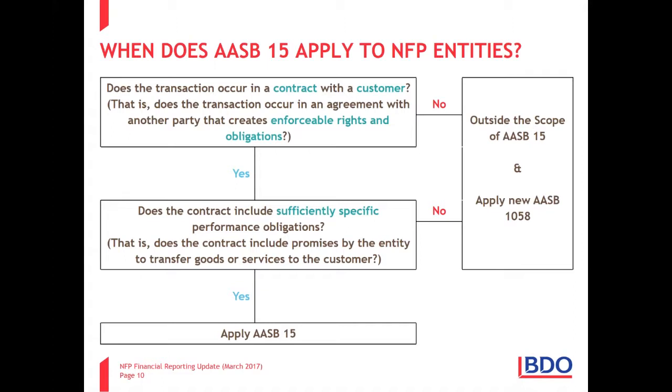If I say yes to that, I've got another hurdle to jump. Does the contract include sufficiently specific performance obligations? So does that contract include sufficiently specific promises? And if I say yes to that, I can apply AASB 15. So 2 very steep hurdles that you have to jump before you can apply AASB 15. If you say no to either of those, you're AASB 1058.